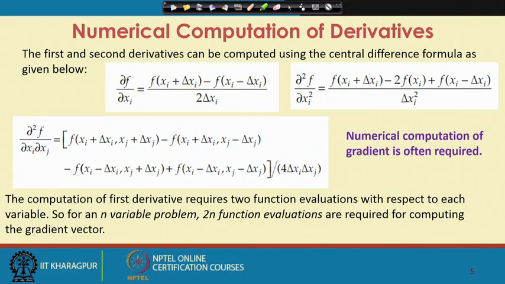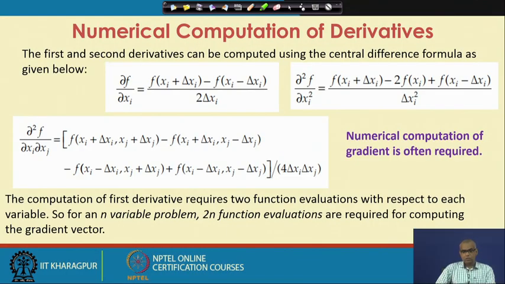Now, it may not always be possible to have analytical derivatives of the objective function, and you often have to use numerical methods to compute the gradient of the objective function.